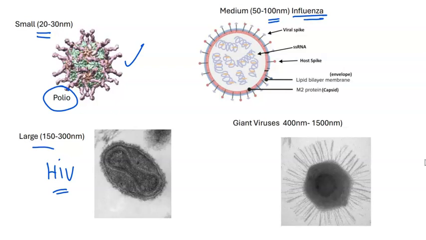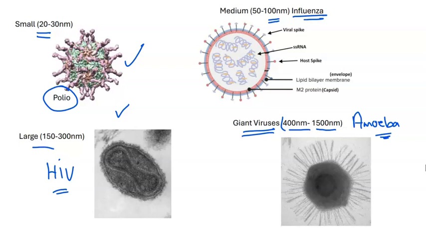There have in recent times been a discovery of what are being called giant viruses, and these range between 400 nanometers to 1500 nanometers. And all of these particular giant viruses so far that have been discovered have been parasites of the amoeba, the significance of which is not yet fully understood.